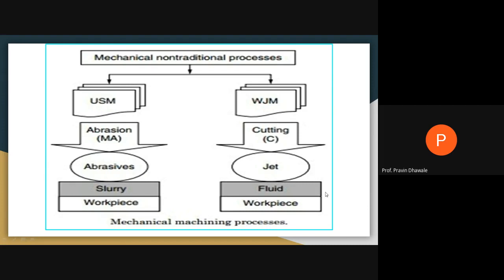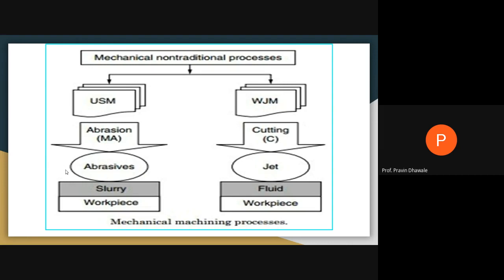To remove that material, what is required? In case of the ultrasonic machining process, you require abrasive particles, right? Abrasive particles are nothing but small tip-shaped metal particles or conical particles.